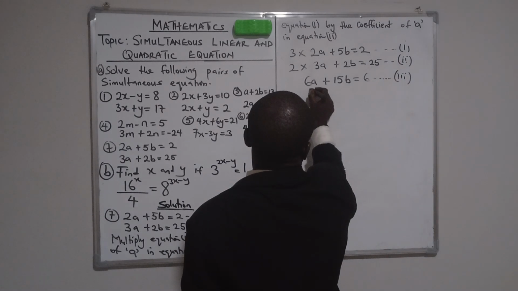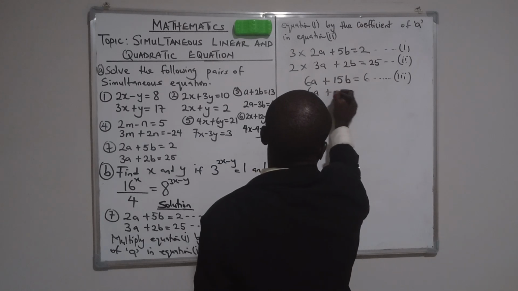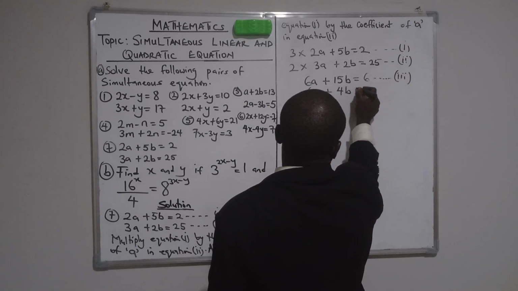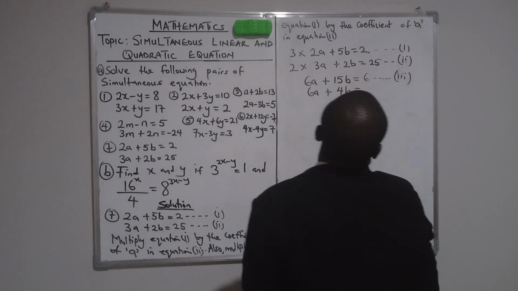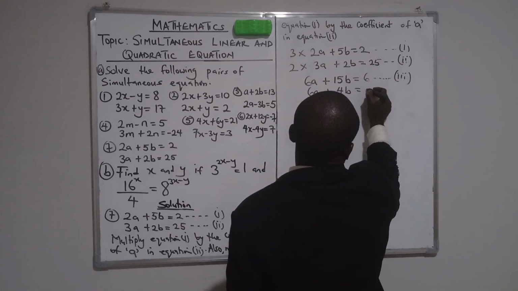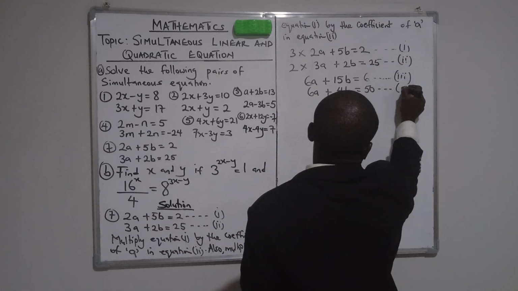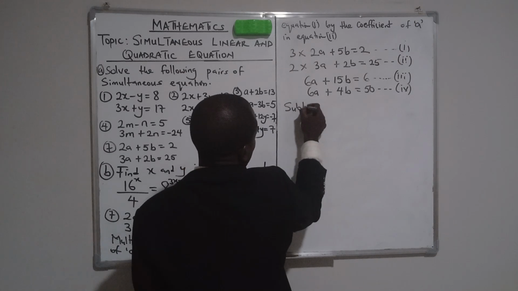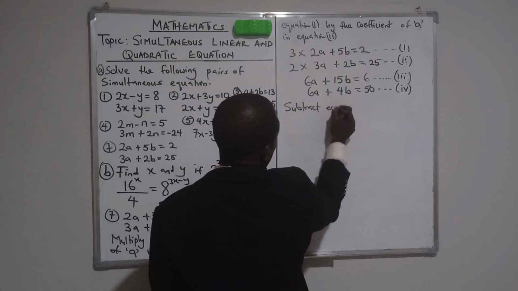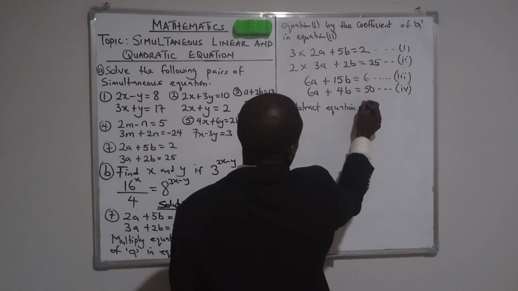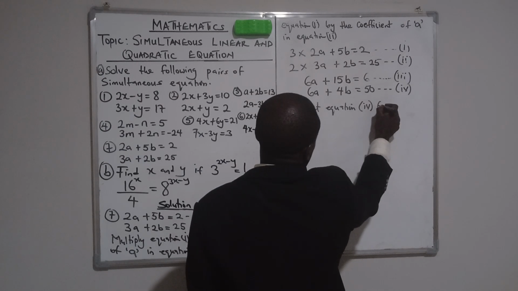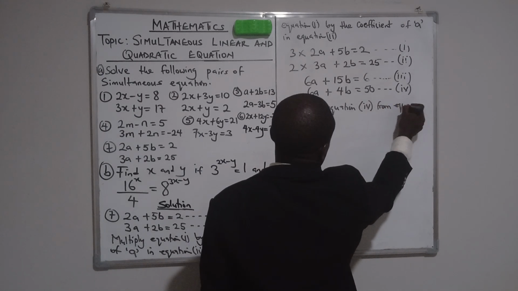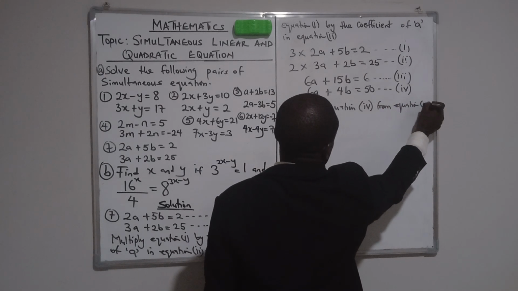Now 2 times 3a, that's 6a, plus 4b equals 2 times 25, that's 50, equation 4. Can I say subtract equation 4 from equation 3.